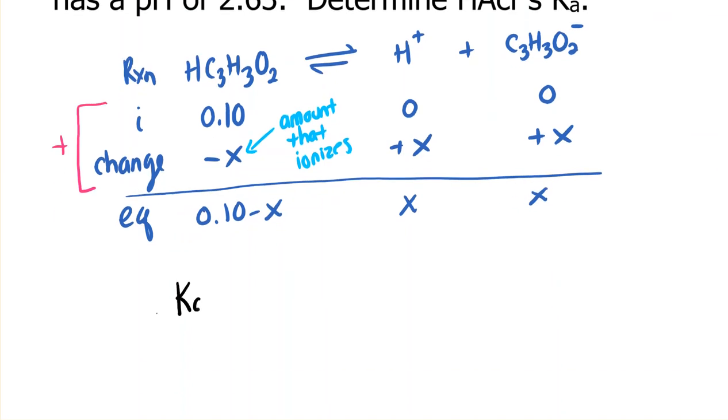Another thing we can look at is that we have an expression for the Ka. In other words, we can write down how it would be calculated.